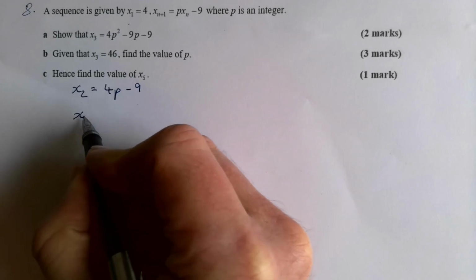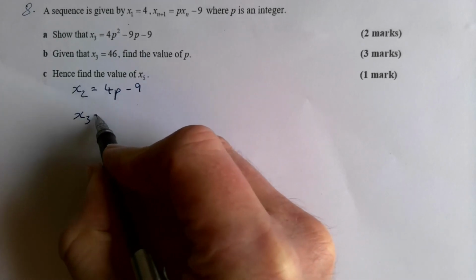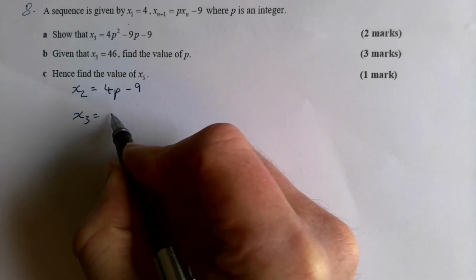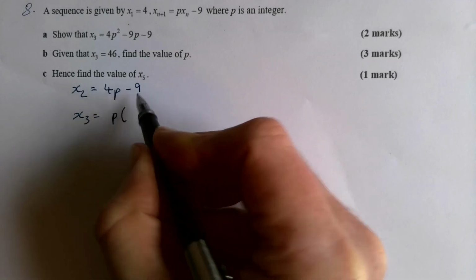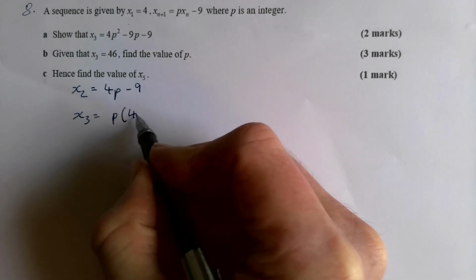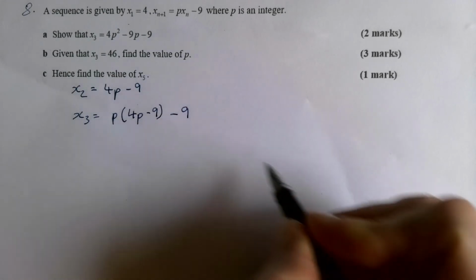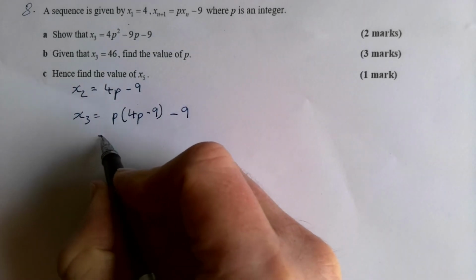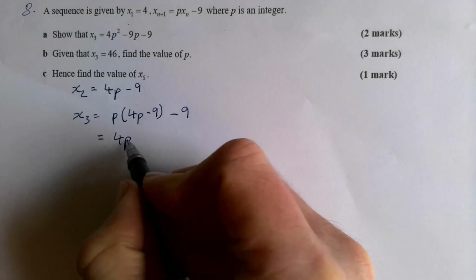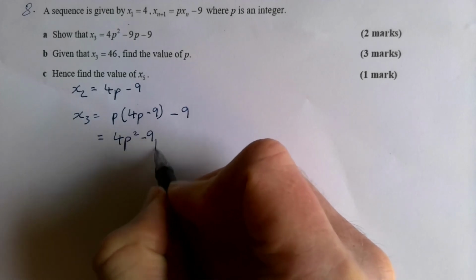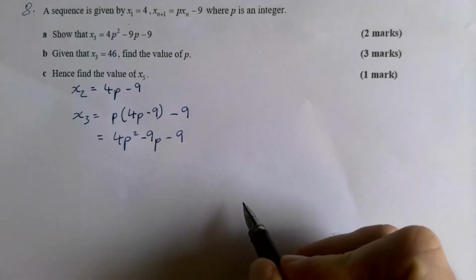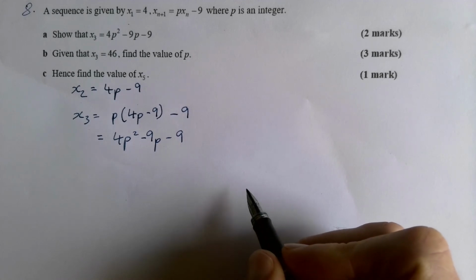So then the third one is going to be p times what the second one is, which is 4p take 9, and then take 9. But then all you have to do is expand that bracket to get 4p squared take 9p take 9, and we've got 2 pretty simple marks.